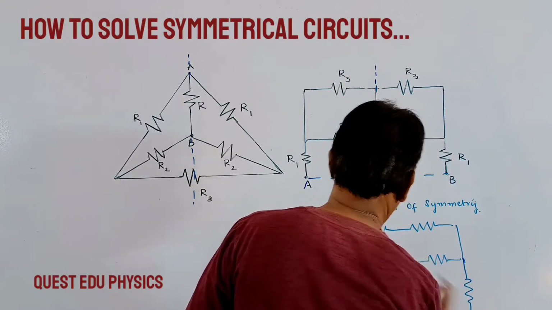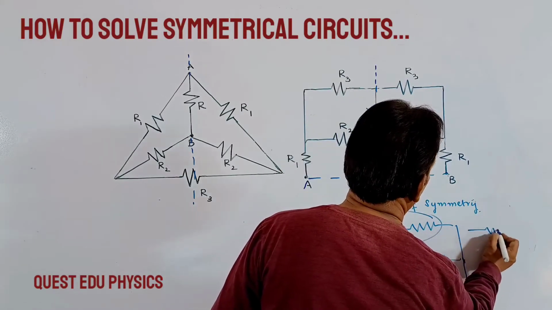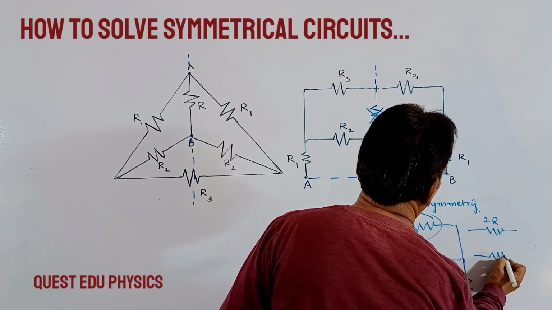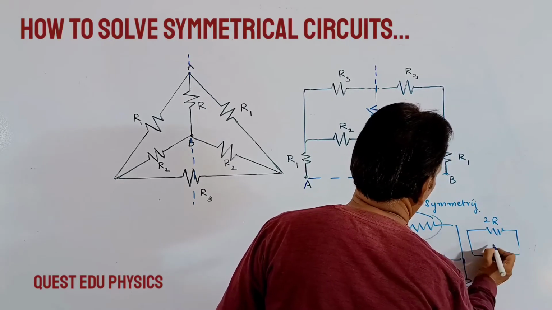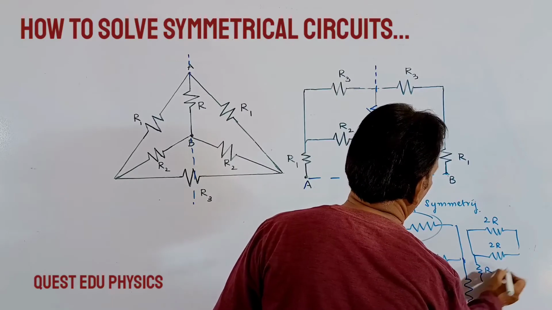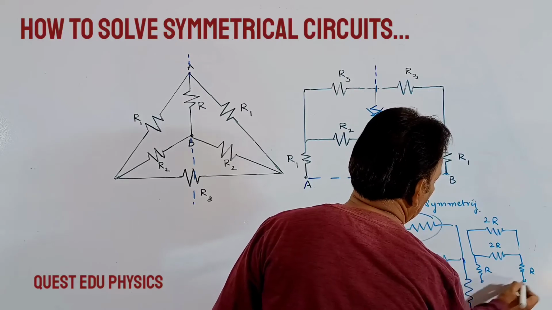These two in series turn into a single resistor, a resistor of 2R, and this one is also 2R, and then there are R and R resistors.